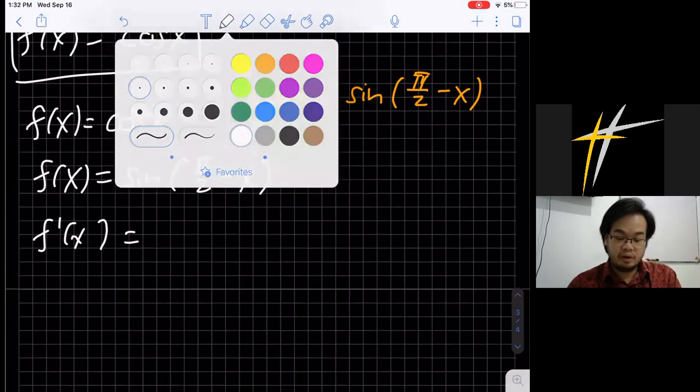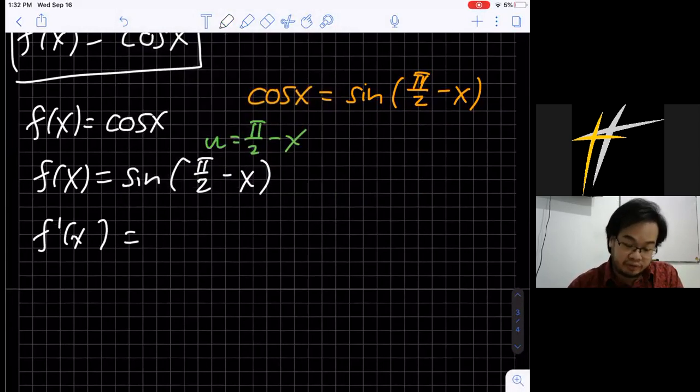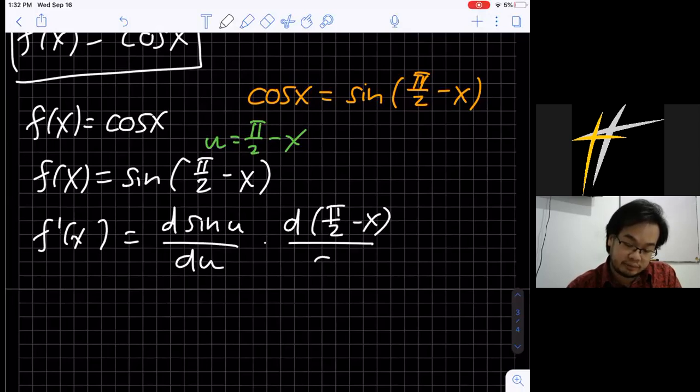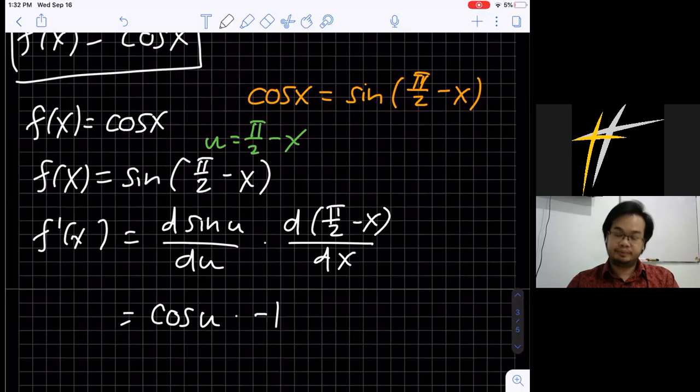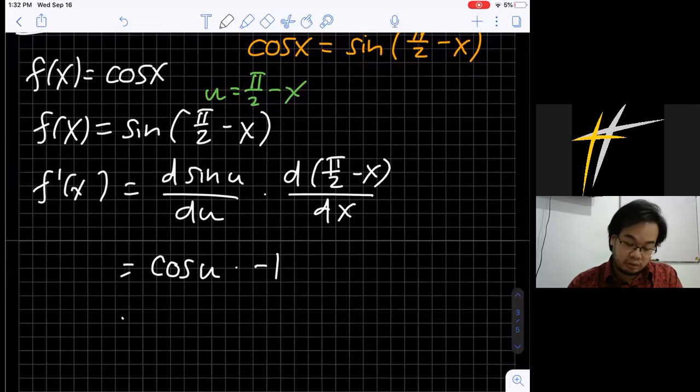So if you want to differentiate it, the derivative is d sine u over du times d of (pi over 2 minus x) over dx. So it is equal to cos u times negative 1, which is negative cosine of (pi over 2 minus x).